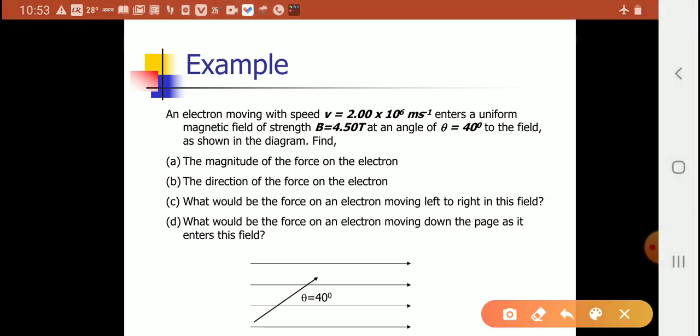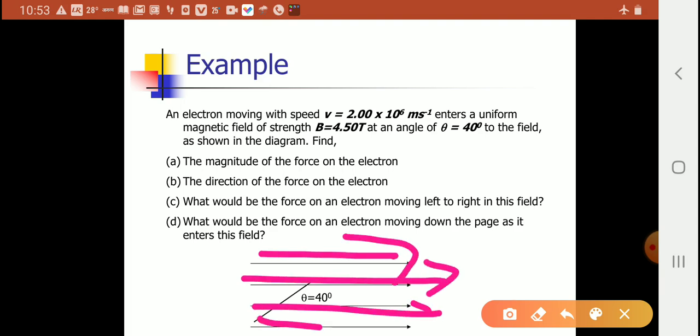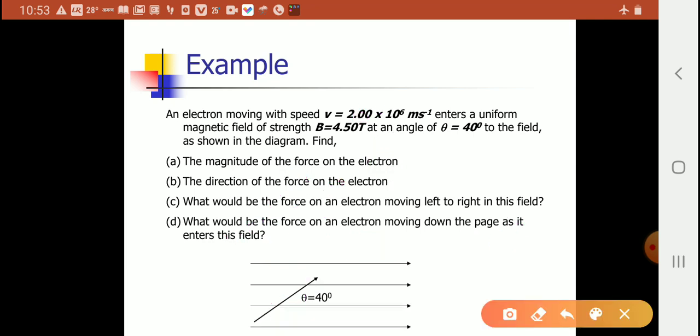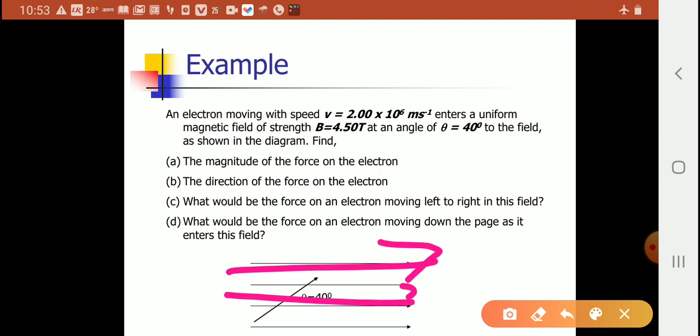So this is the force on the moving charge, F, and the angle between them is theta. So calculate the value of the magnetic force on the electron, the direction of the force on the electron.